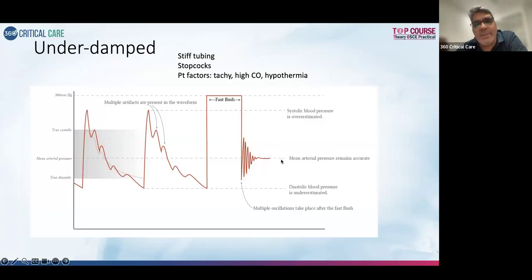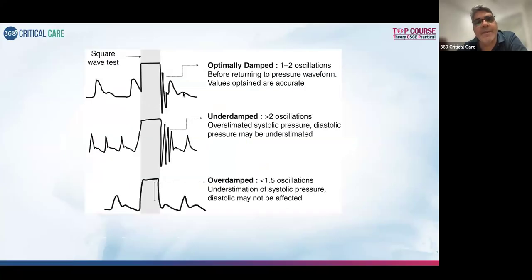Here, the MAP again will be the same, but you will have a very high systolic peak with a low diastolic peak. So the MAP is compensated and can be normal, similar to the usual arterial waveform, but the display looks like the patient has a very high systolic blood pressure, which is an erroneous reading.